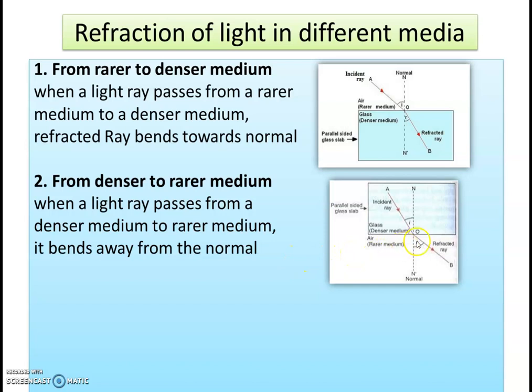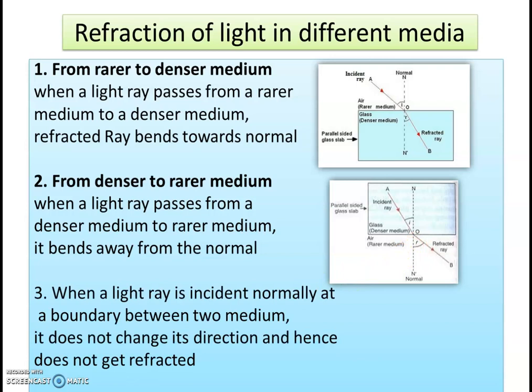In this case, you will see that the incident ray is coming from a denser medium, which is the glass slab. When the incident ray strikes this surface, the refracted ray moves away from the normal. It is bending away from the normal. This happens when light rays travel from a denser medium to a rarer medium.